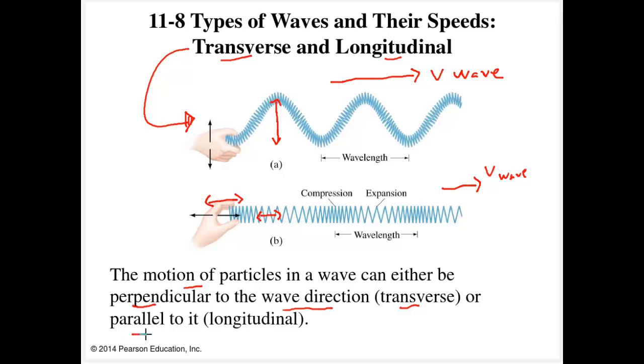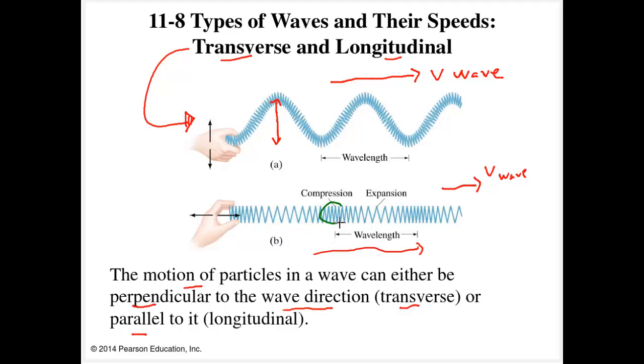They're going to be parallel to the direction of the wave. It's important to note that the particles don't travel all the way down the slinky with the wave, it more or less stays where it is. It just wiggles back and forth, and I can set it up pretty much the same way and talk about the same types of properties in terms of wavelength, period, and so on and so forth.